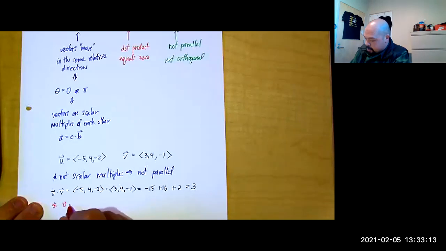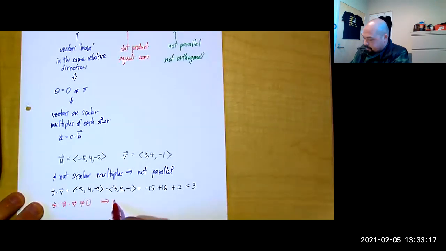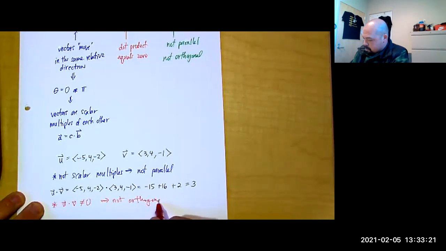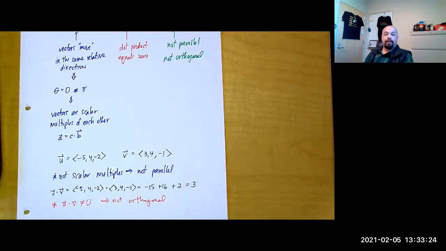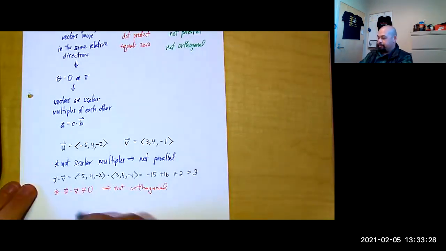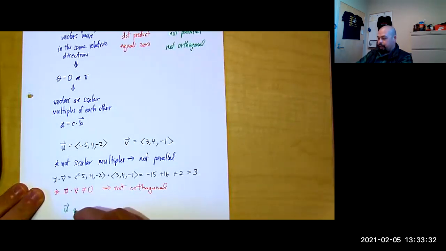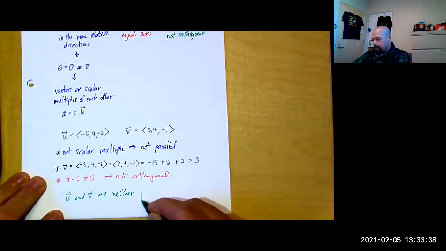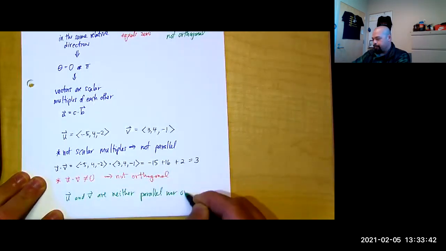That dot product isn't 0, so not orthogonal. They're not perpendicular to each other, and they're not parallel. u and v are neither parallel nor orthogonal.